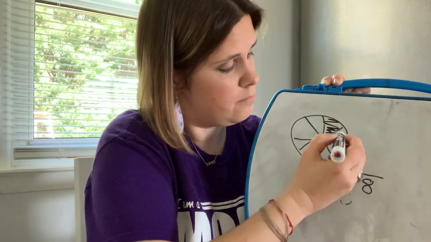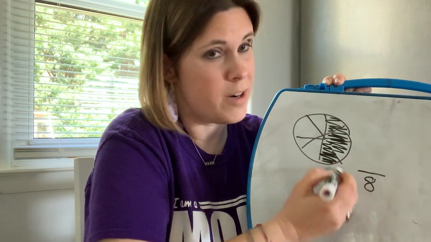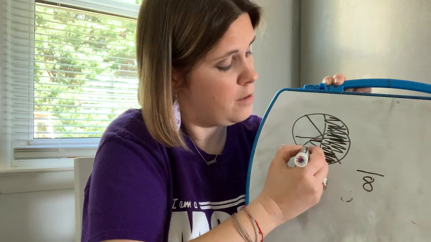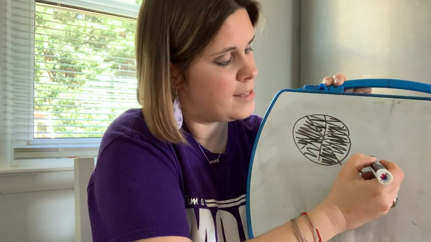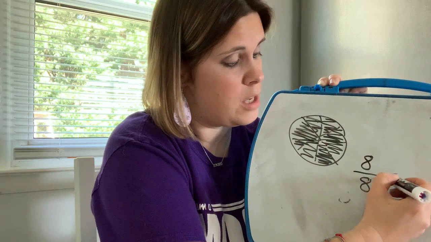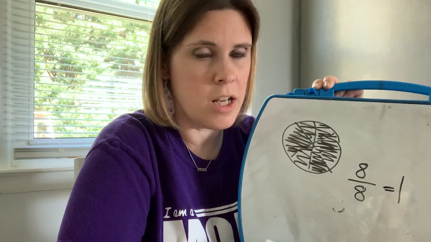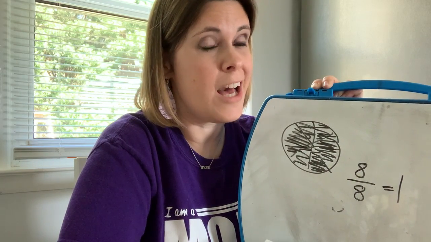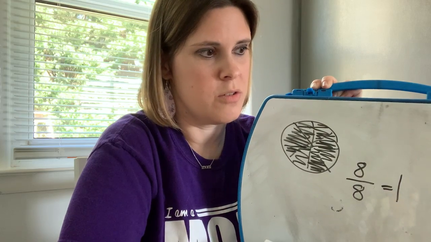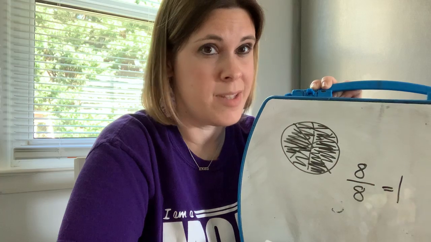That would be 1/8, 2/8, 3/8, 4/8, which is equivalent to 1/2, 5/8, 6/8, 7/8, 8/8. 8/8 would be equivalent to 1 whole, okay? So we've started to look at equivalent fractions with that. Today though, we're going to look at whole numbers as fractions. So more than 1. And you can have more than 1 and still represent it as a fraction.